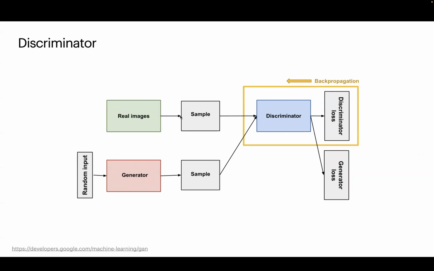We also have real images sampled here. The discriminator loss is the loss function at this stage, and backpropagation gives the parameters to update themselves. At this stage the discriminator gets better and better at determining real or fake photos. It's pretty much like a classifier with true or false output on the discriminator side.